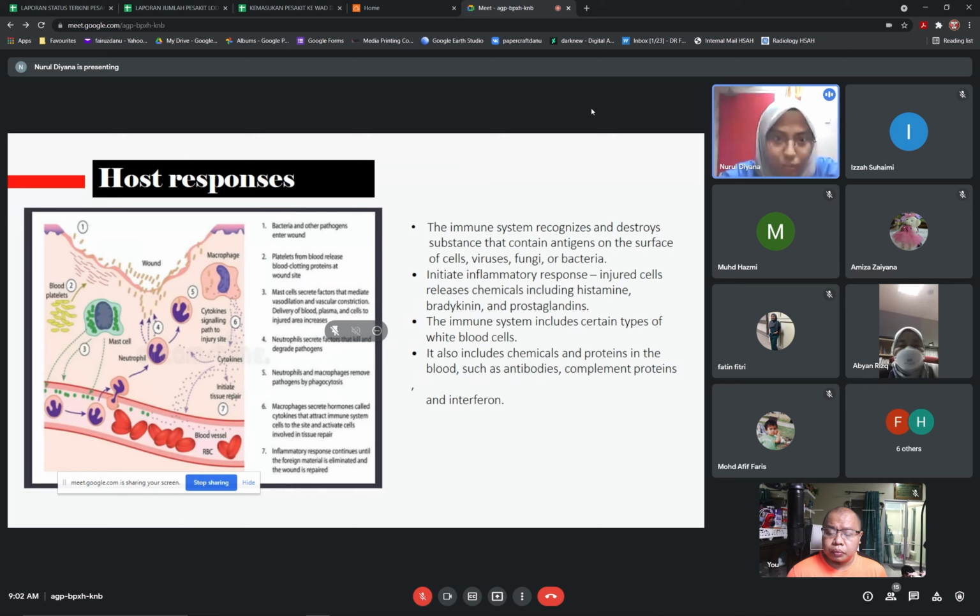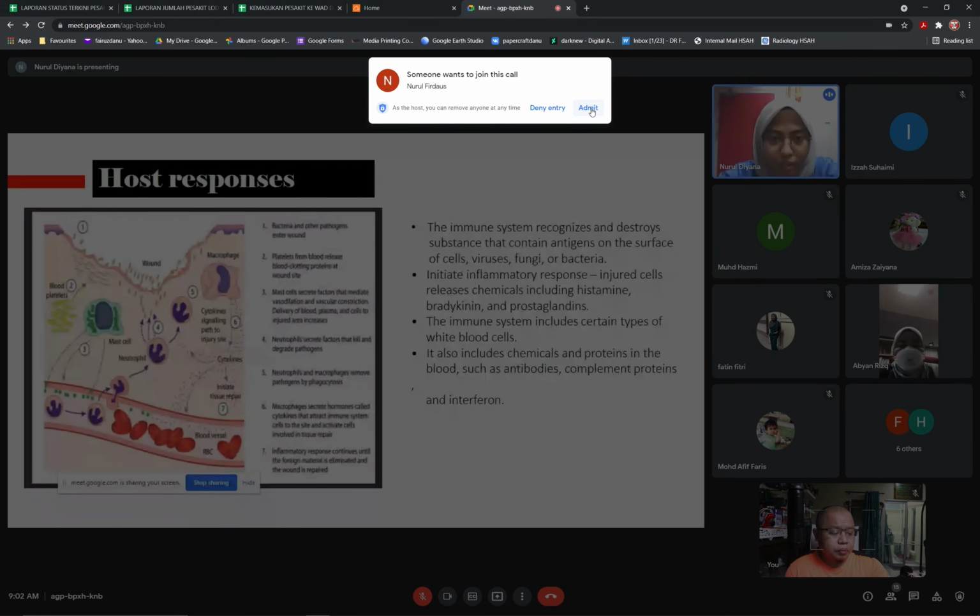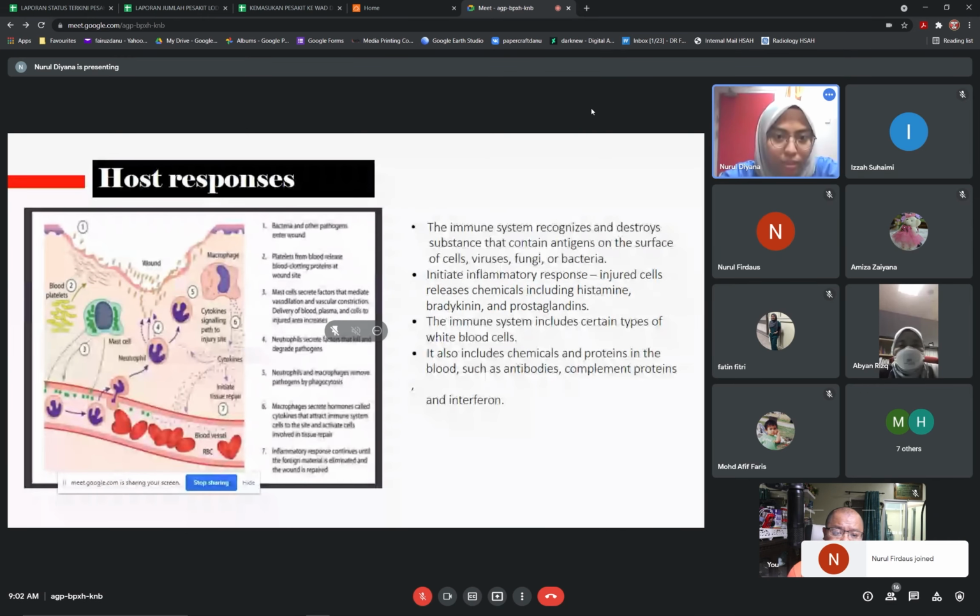So this is the host response pathophysiology. When bacteria and other pathogens enter the wound, the platelets from the blood will release the blood clotting protein at the wound site. The mast cells will secrete the factors that mediate vasodilation and also vascular constriction, increasing the delivery of blood, plasma and cells to the injured wound.